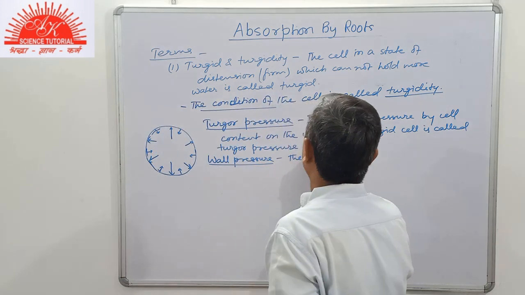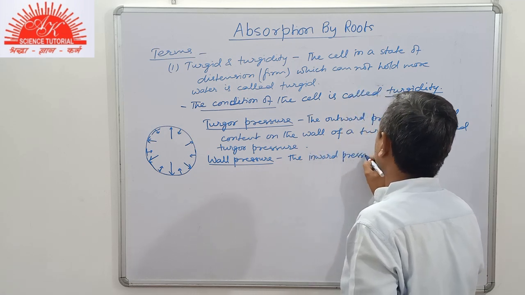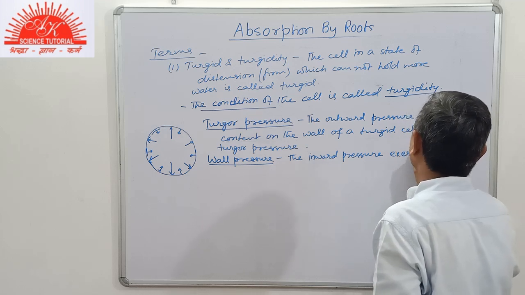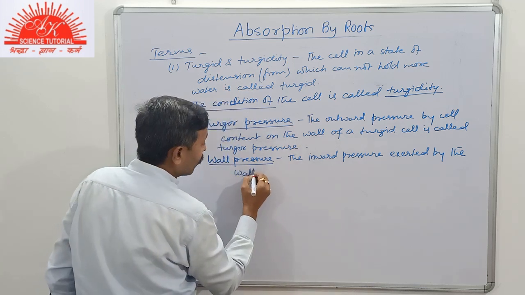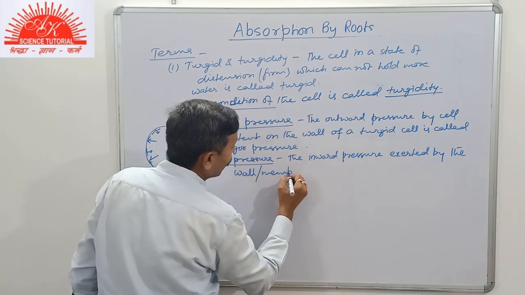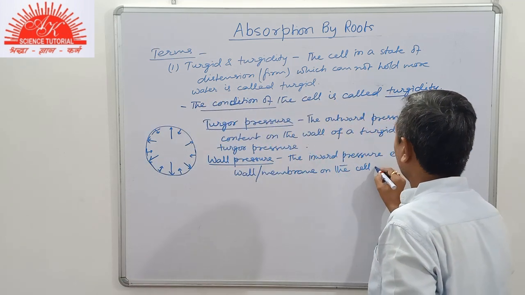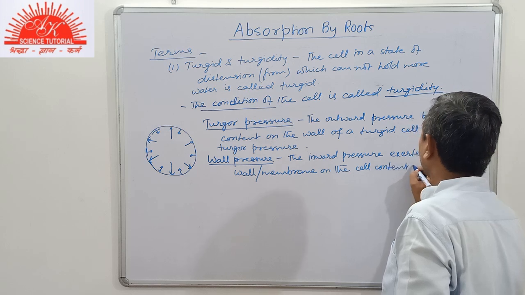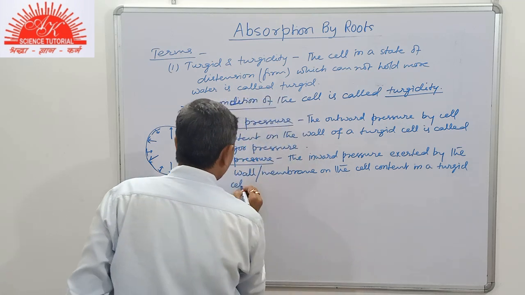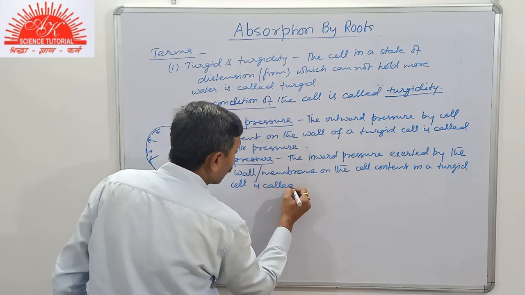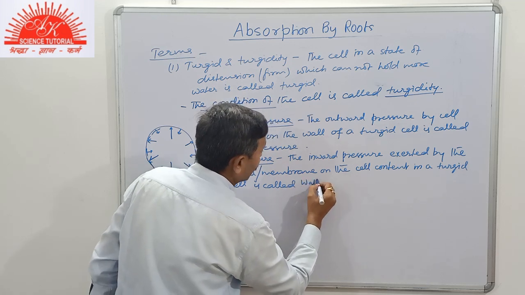So the inward pressure exerted by the wall membrane on the cell content in a turgid cell is called wall pressure.